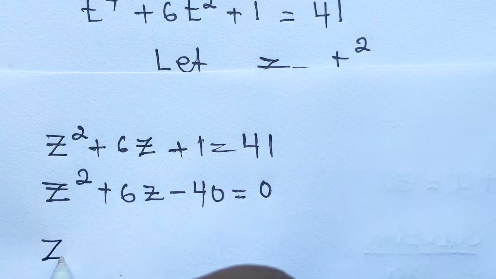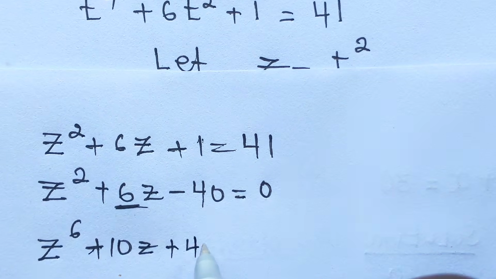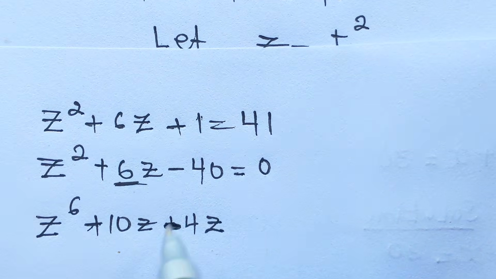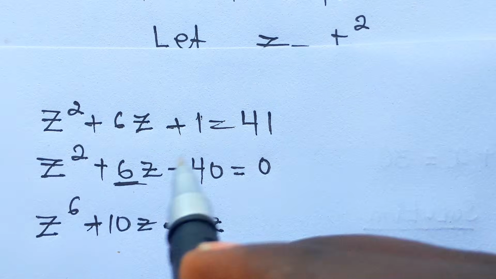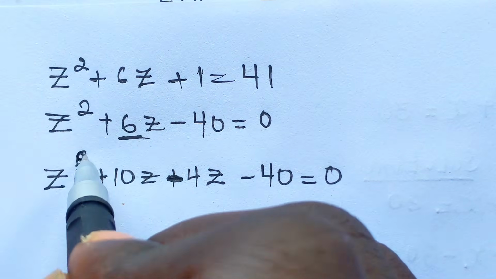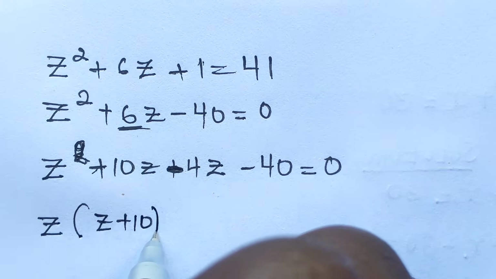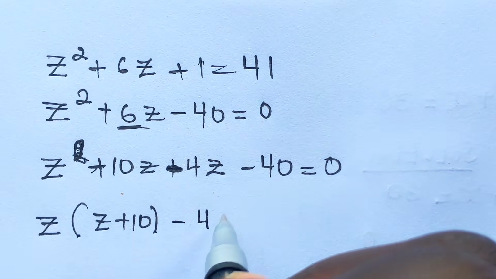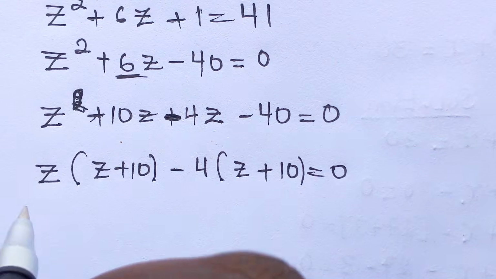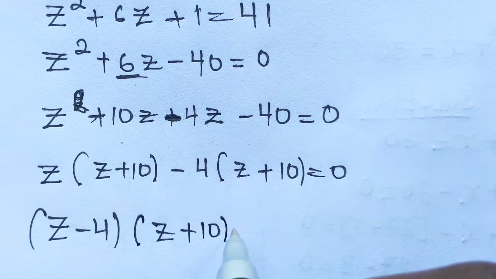That is plus 10 and minus 4. By factorizing, we get (z - 4)(z + 10) equals 0.